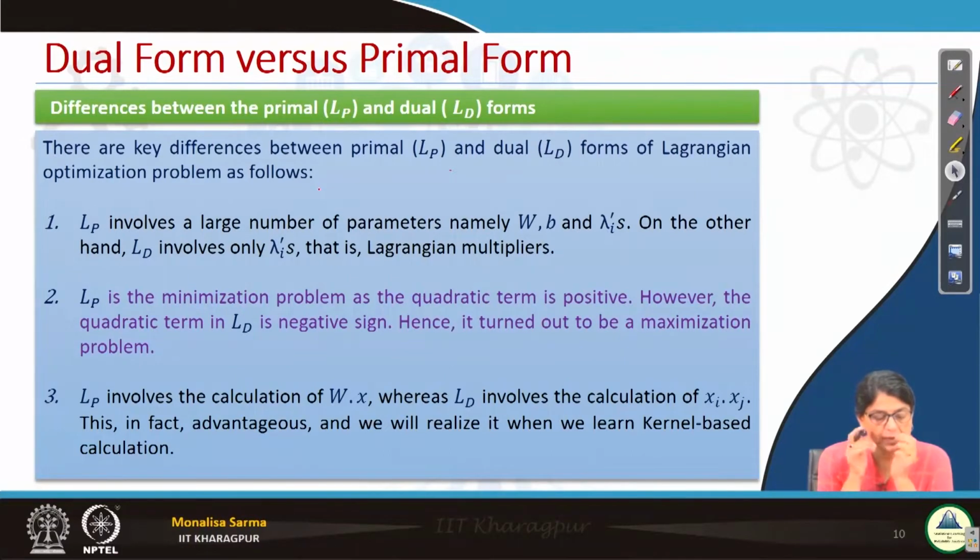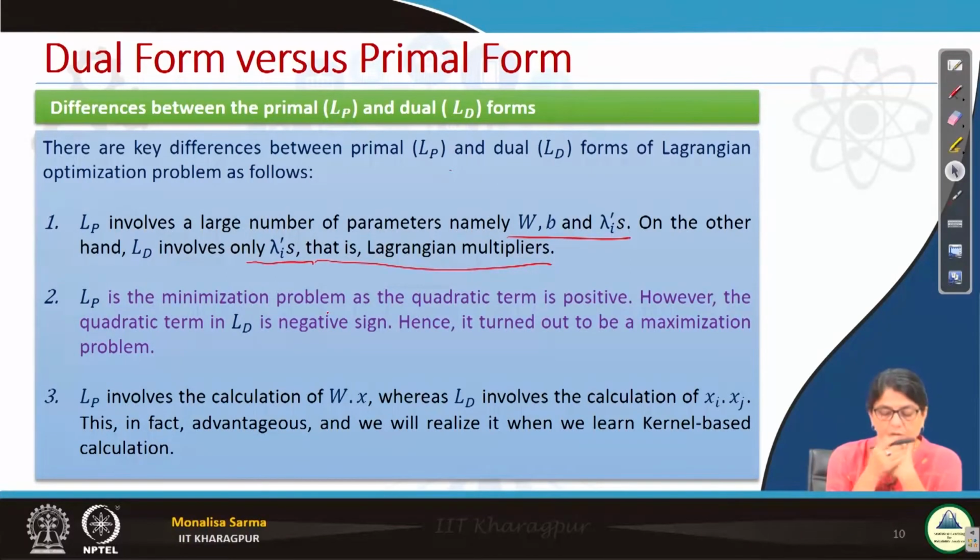Let's see. LP involves a large number of parameters: it has W, it has B, it has lambda i. On the other hand, LD involves only lambda i, the Lagrangian multipliers. LP is a minimization problem, as the quadratic term is positive. However, in LD our quadratic term is negative, as I have already mentioned, hence it turns out to be a maximization problem.